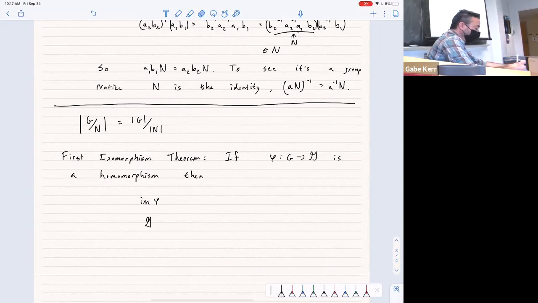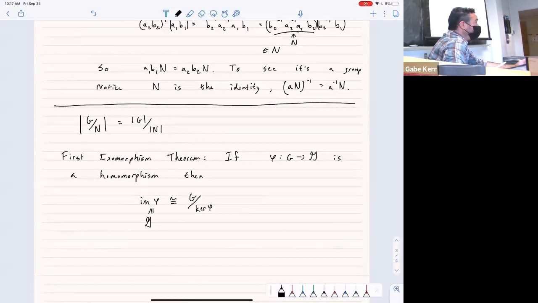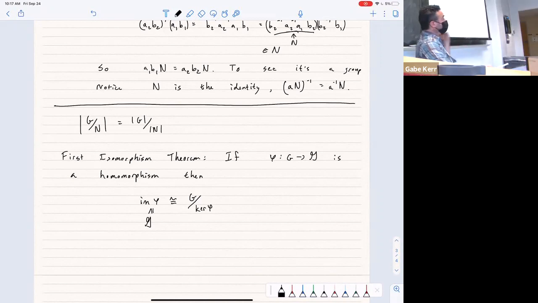This is isomorphic to G mod kernel. The kernel is always a normal subgroup of the homomorphism, as we've shown in class. In fact, it's a very good one to understand, because if I quotient the group by that kernel, I get something isomorphic to the image.